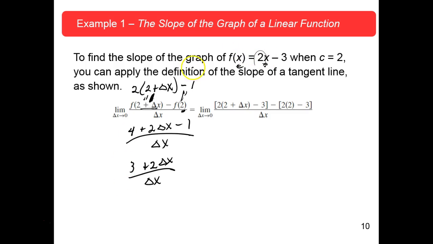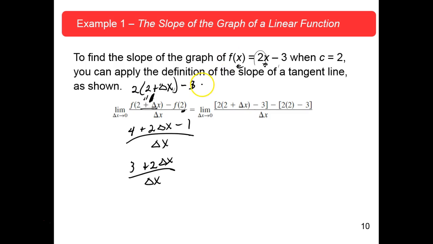Wait a minute. We had a minus 3 here. It's 2 times that minus 3. I didn't finish the problem up here. The f of 2 plus delta x is 2 times this thing minus 3. I forgot the minus 3 there.